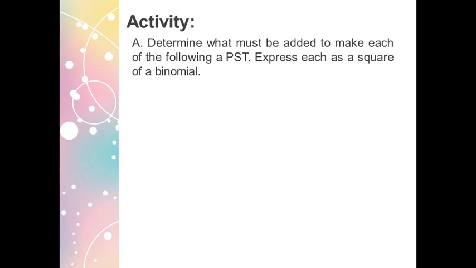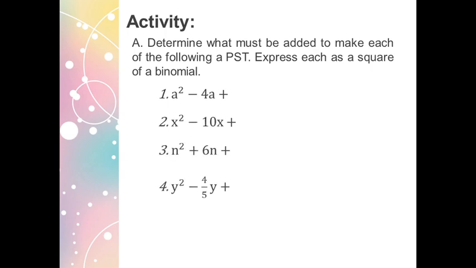Now let us have our first activity. Determine what must be added to make each of the following a PST. Express each as a square of a binomial. You are given a minute to answer.